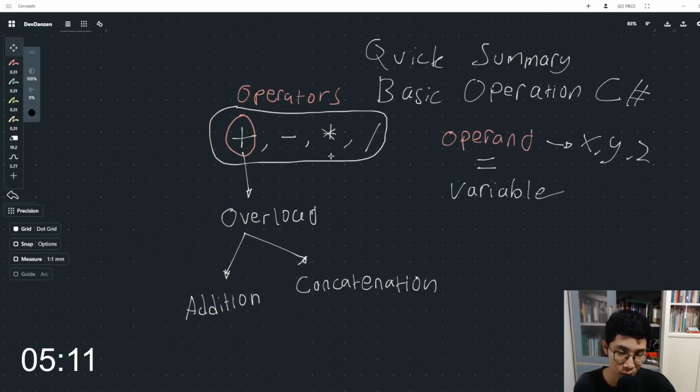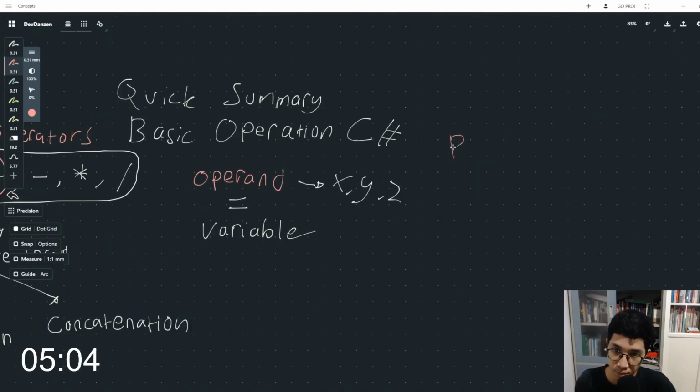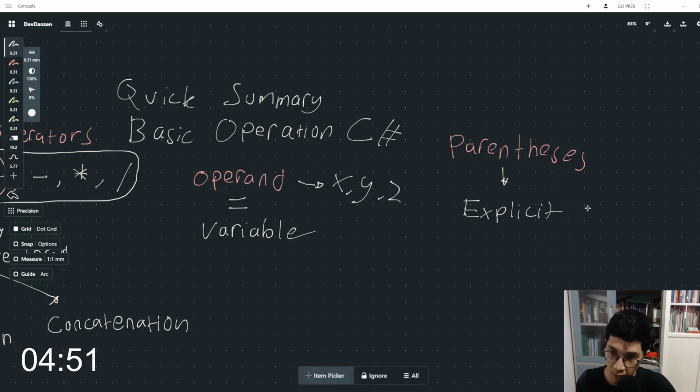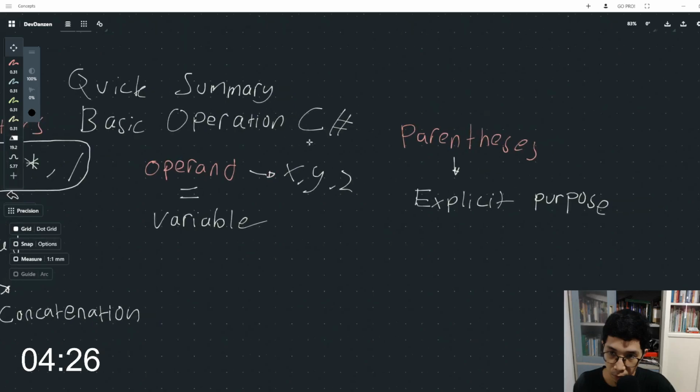Also, don't forget about the use of parentheses. Parentheses, if you want explicit purpose and don't want it to be done automatically by the CPU, or we can say implicit, just use the parentheses. For example, how important the parentheses are.